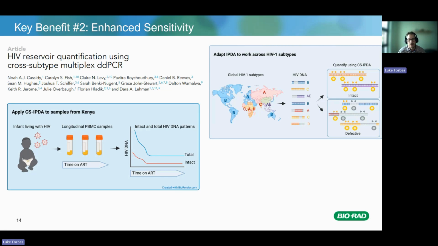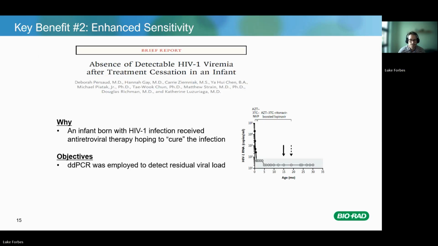In this case, you can use a multiplex ddPCR assay that is much higher throughput than traditional qPCR assays and other full-length sequencing reads. We can show that across various subtypes, it works on A, B, C, D, and E, and you can detect down to a single copy of intact proviral DNA.